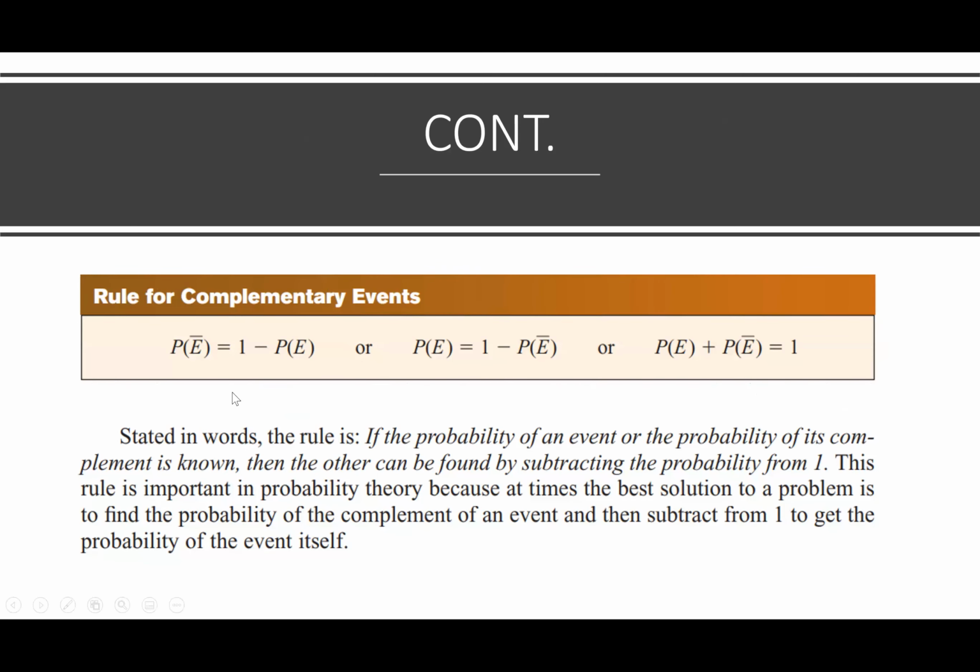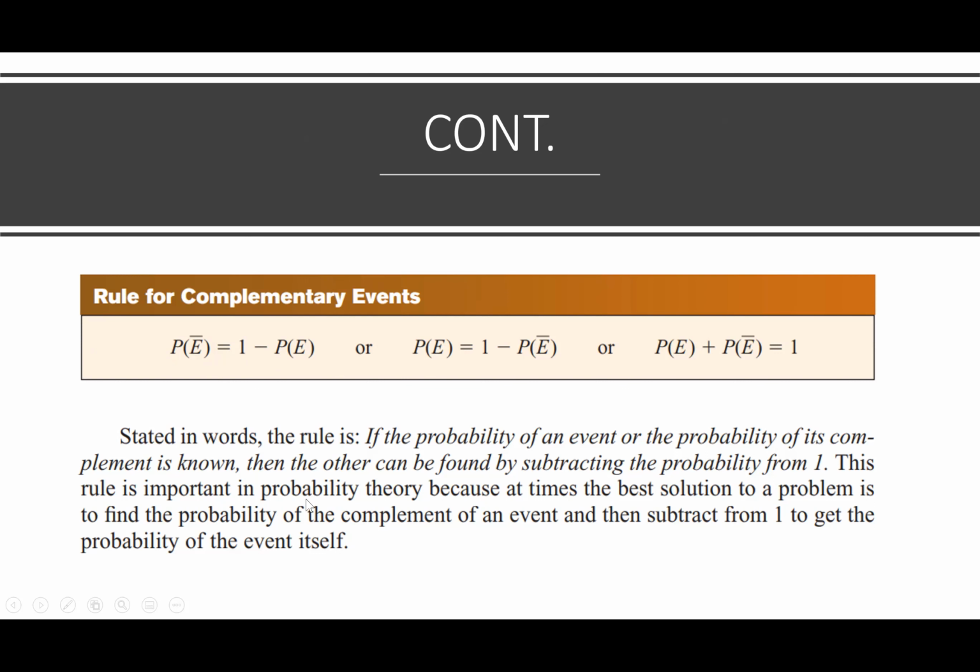This is the rule for complementary events: P(E bar) = 1 minus P(E). So if I state this rule in words, if the probability of an event or the probability of its complement is known, either this one or this one, then the other can be found by subtracting the known probability from one.